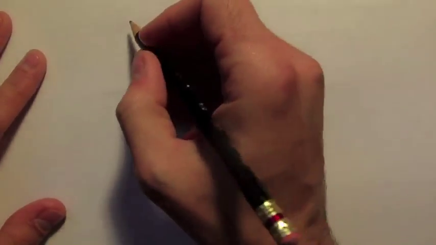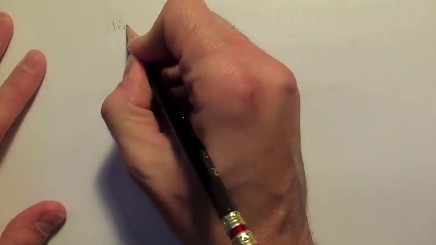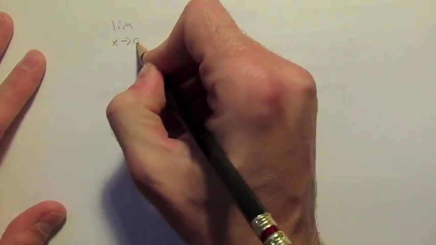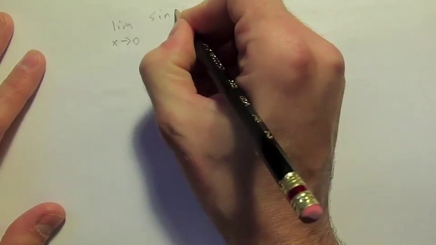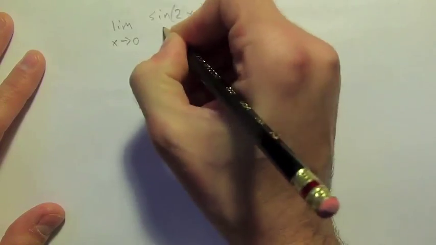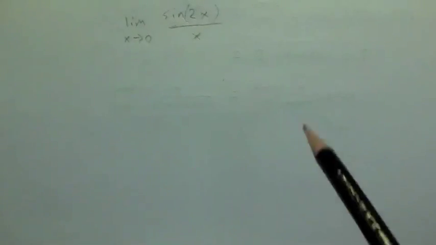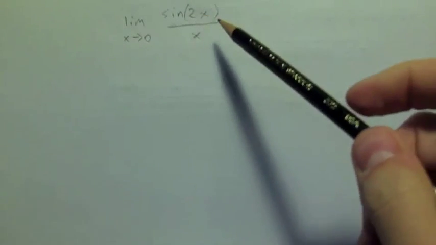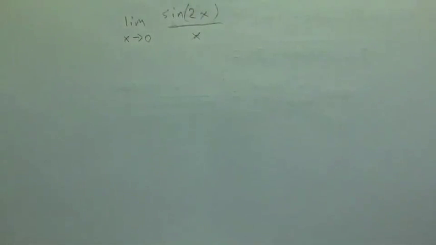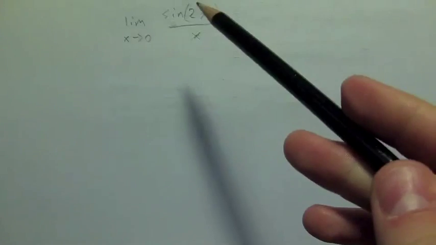All right, and the final example type would be something like this. If I wanted the limit as x goes to 0 of sine of 2x all over x. Now a lot of you probably noticed something just like this on your test where you're using a table, and you probably saw either sine of 3x or sine of 4x.